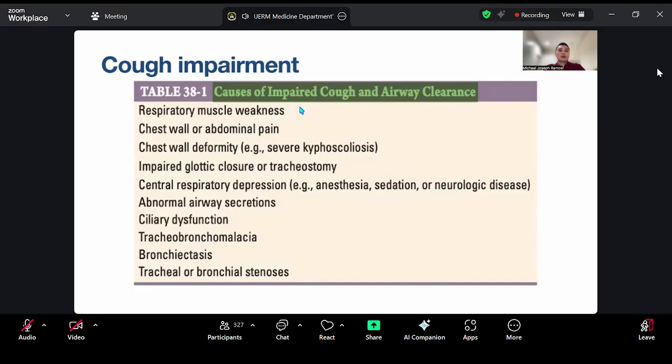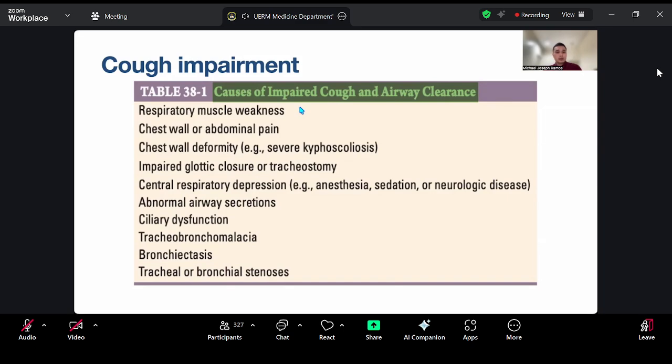There are a lot of reasons for ineffective cough mechanics. The problem may lie in the expiratory muscles being weak or having pain in the chest or abdomen, which are the foremost reasons for an impaired cough.